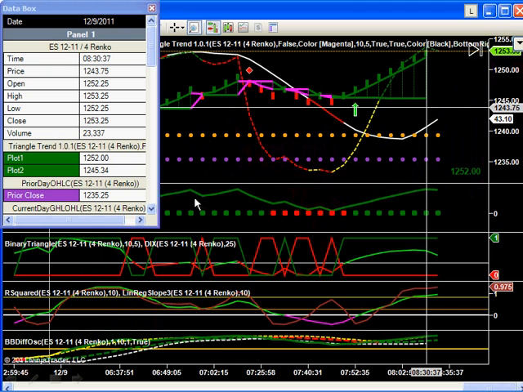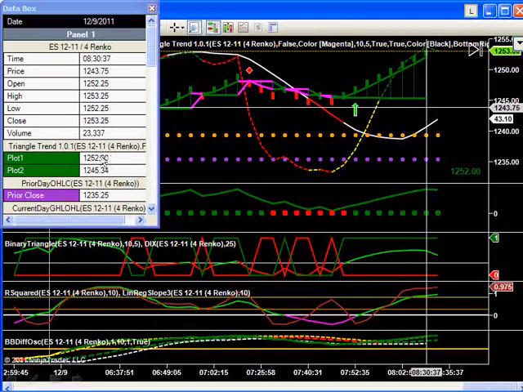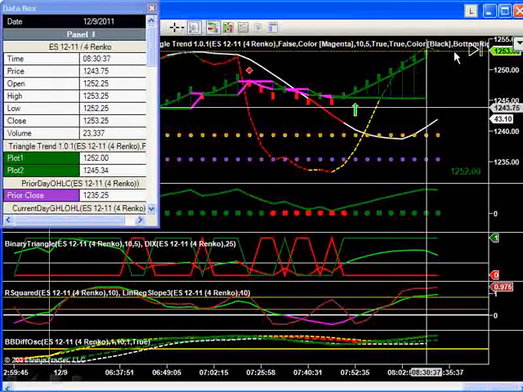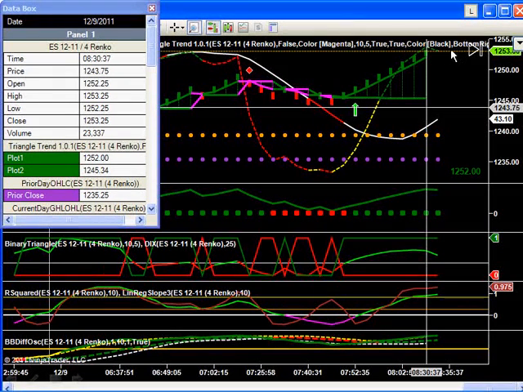Now, I plotted this data box in the chart just for the purposes of illustration. You don't have to plot it on there. Now notice plot 1 here at 1252. You can see 1252 over here, and that shows that right here is 1252. Now this kind of gold horizontal dashed line here is the horizontal price line, and that plots where the level of each tick is, and you can see it's at 1253.